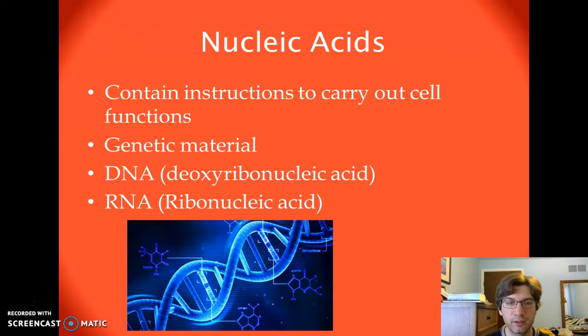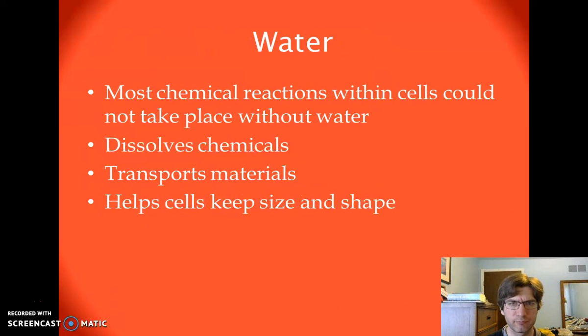Or your RNA, which is your ribonucleic acid, and it's important to know the name of that one as well. These are your genetic materials. These contain your instructions to carry out any functions that your cell needs to do. We will get a lot more in-depth into this, but it's really just a phosphate backbone with a nitrogen base and a sugar attached to it.